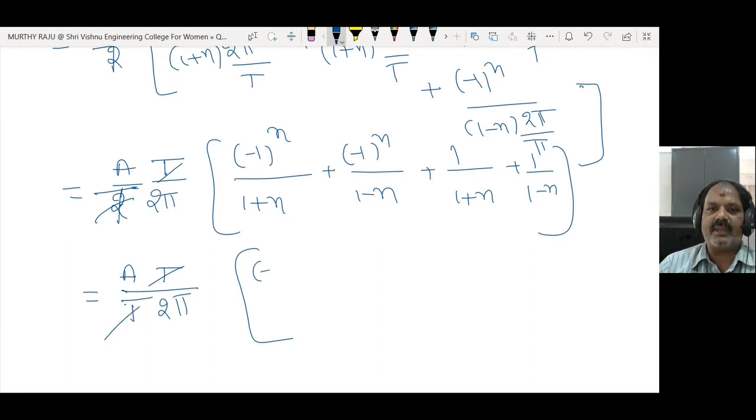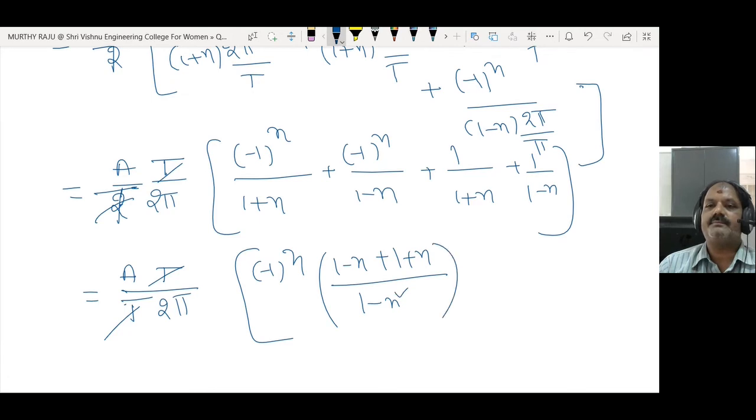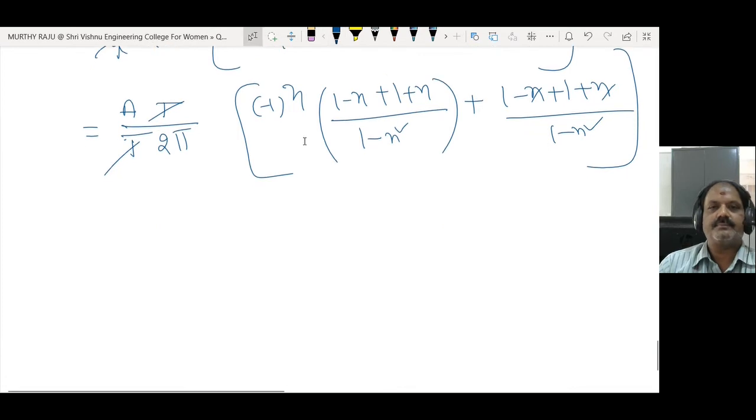Simplification: minus 1 whole power n is the common term. 1 minus n plus 1 plus n by 1 minus n square. Here also 1 minus n plus 1 plus n, 1 minus n square. Here the n cancels, 2 is there.